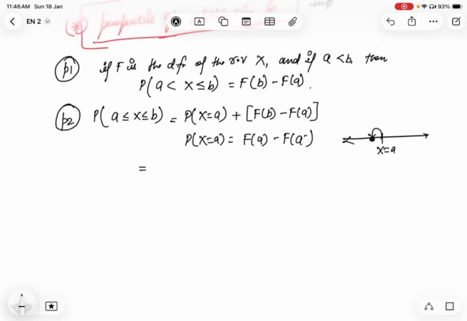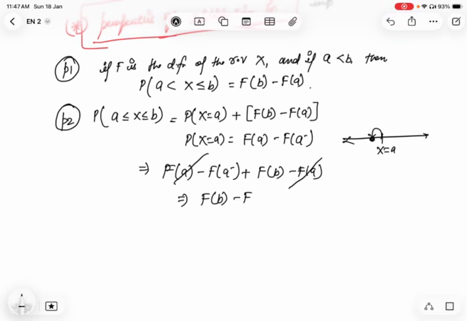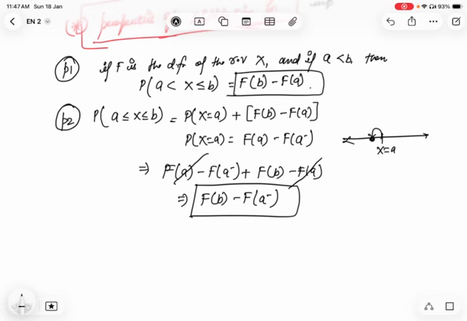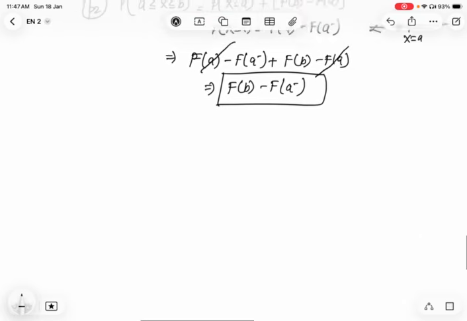Okay, so the formula becomes F(a) - F(a-) + F(b) - F(a). So this F(a) and this F(a) cancel, and it becomes F(b) - F(a-). Don't worry, we will see some examples below, so you can be clear about this formula.